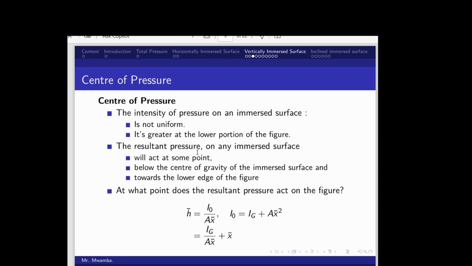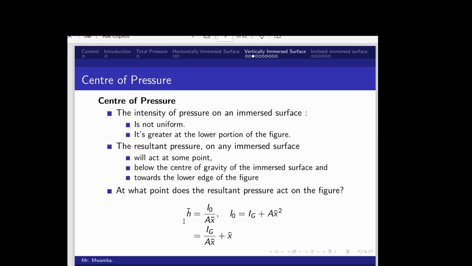The resultant pressure on any immersed surface will act at some point, like we have pointed out, and it is always below the center of gravity of the immersed surface, somewhere towards the lower edge of the figure.